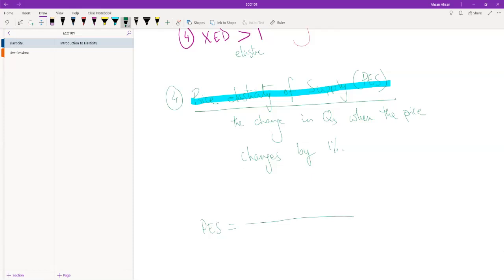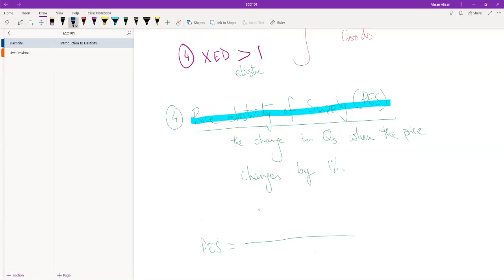Okay. So the formula obviously will be new QS minus old QS divided by new QS plus old QS divided by 2.